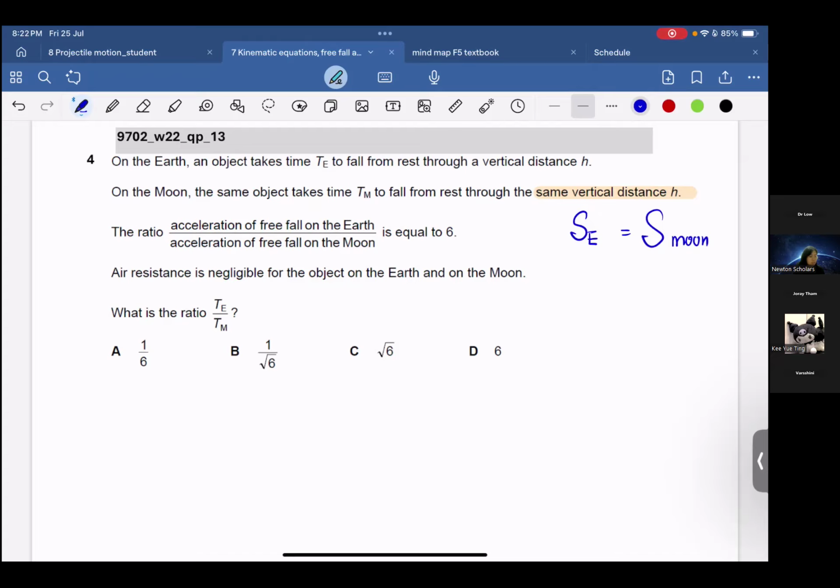Any of you get the answer? Let me know. Prasan, okay or not, Prasan? Eva?